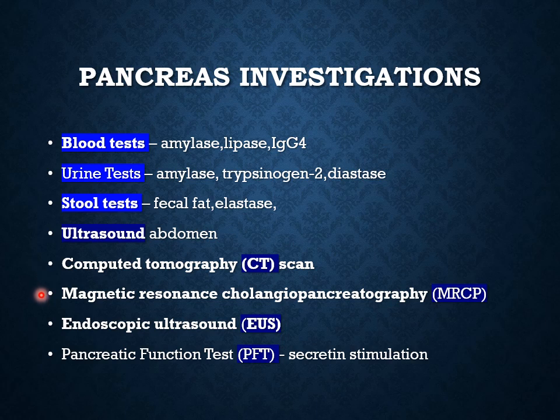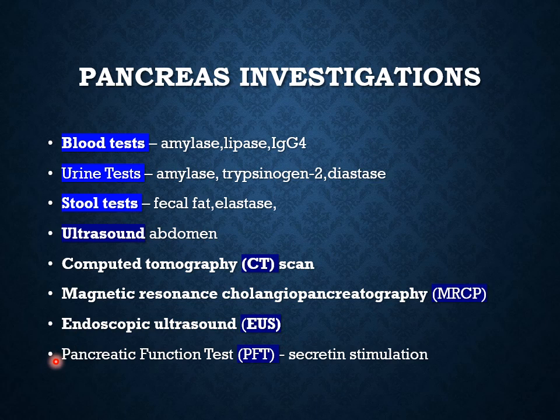MRCP is another important diagnostic tool, especially as it gives a very good imaging of the pancreatic and bile ducts. Endoscopic ultrasound, or EUS, gives a close-up view of the head of the pancreas and the pancreatic ducts, and even allows endoscopic biopsies of this region.